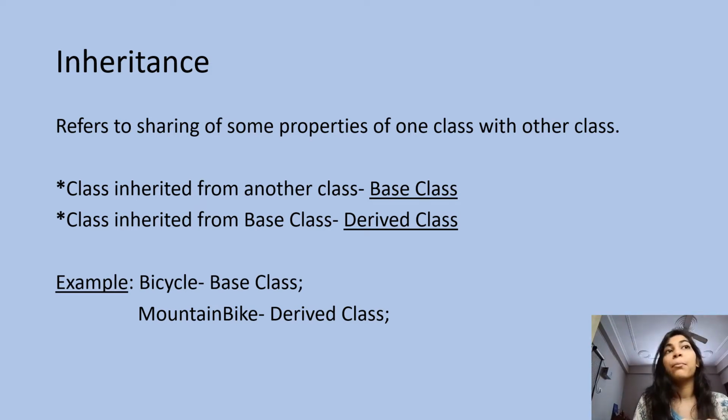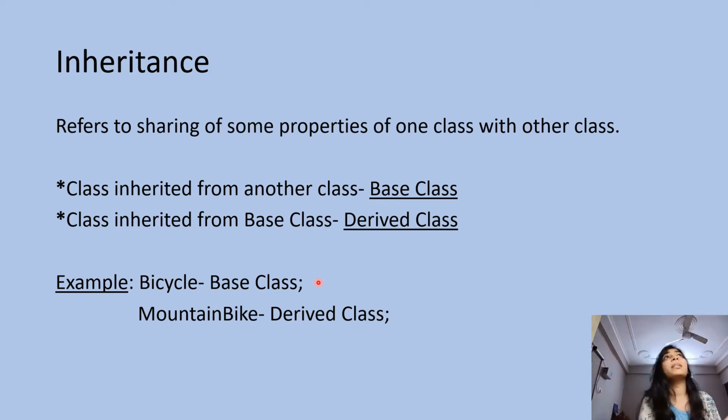We'll see with this example right here. Now, in the example of inheritance, class bicycle is the base class, right? Class mountain bike is the derived class that extends the bicycle class, right? So, as I told, mountain bike can have its unique fields and features, but it is derived from something, right? It is derived from the base class.